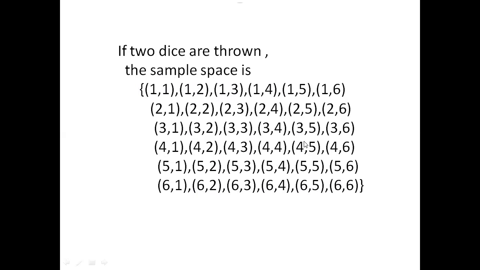Like that, (6,4) means the first die shows 6 and the second die shows 4. (6,5) means the first die shows 6 and the second die shows 5. (6,6) means the first die shows 6 and the second die shows 6. Now this is the sample space for the given experiment.